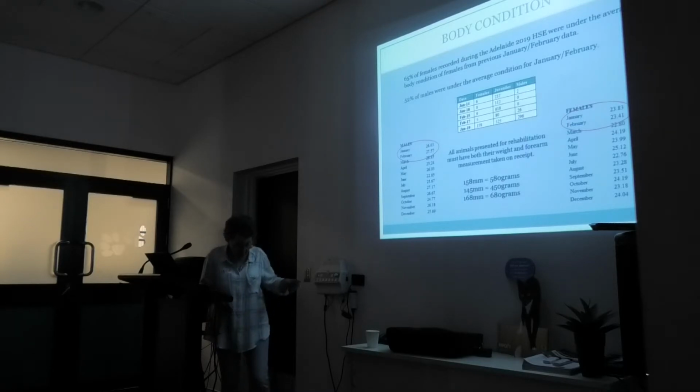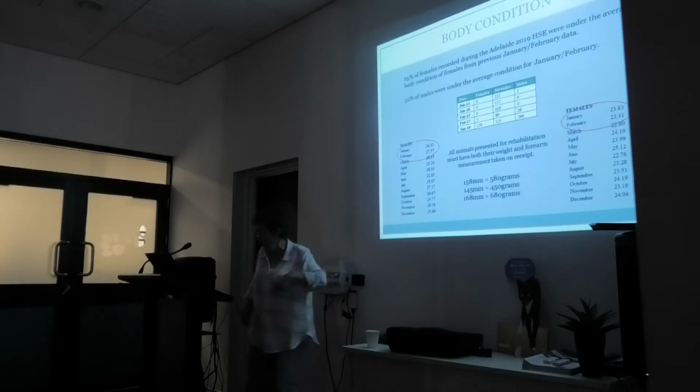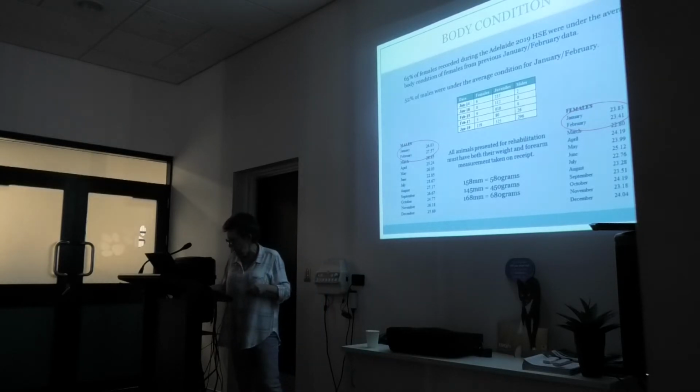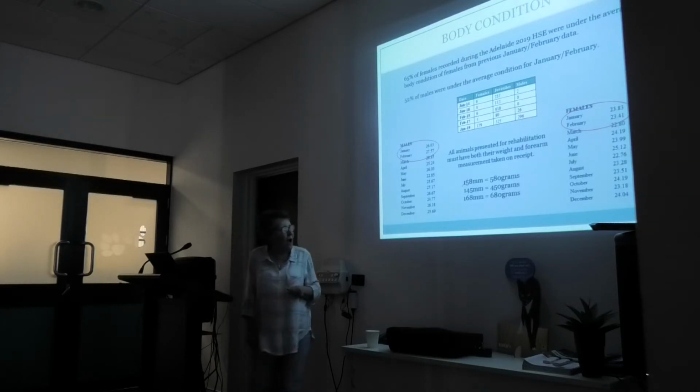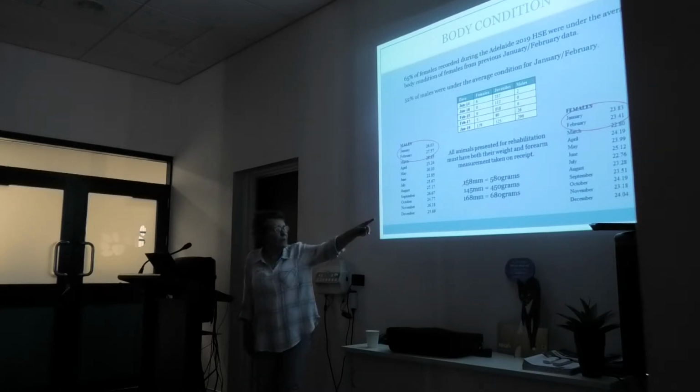Okay. So you have an animal that comes in with a 158 millimetre arm. If you want to see what sort of condition it's in, you take off the 1 and add a 0, 580 grams. So you use that as your guide. So if you had an animal come in, it had a 158 millimetre arm, but it weighed 480 grams, then that tells you it's 100 grams underweight.